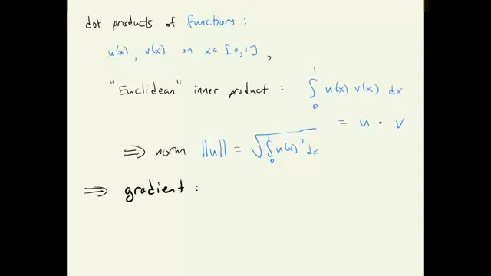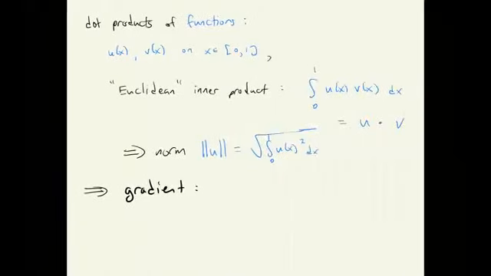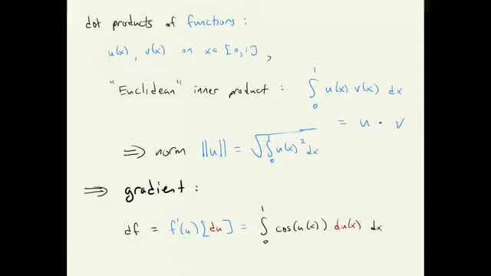Because what was our df? df, which was f prime of u acting on du, we said was the integral from 0 to 1 of cosine of u of x times du of x dx.